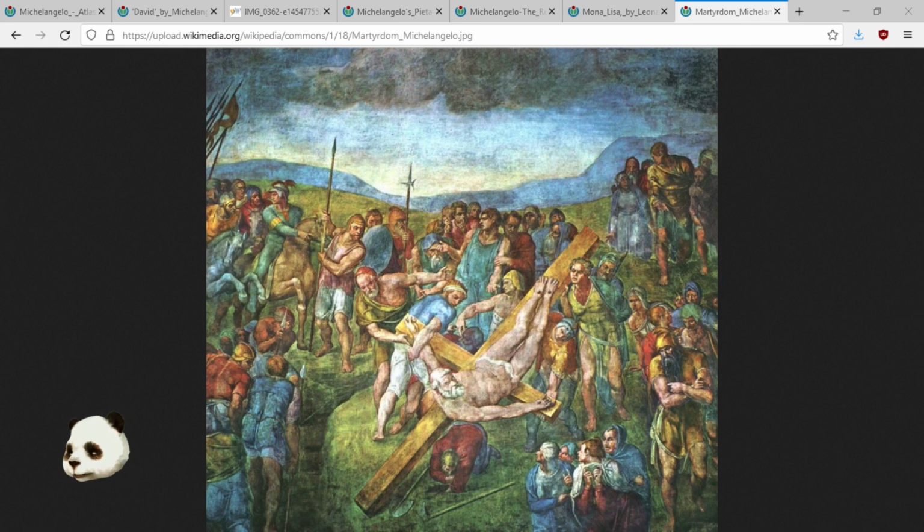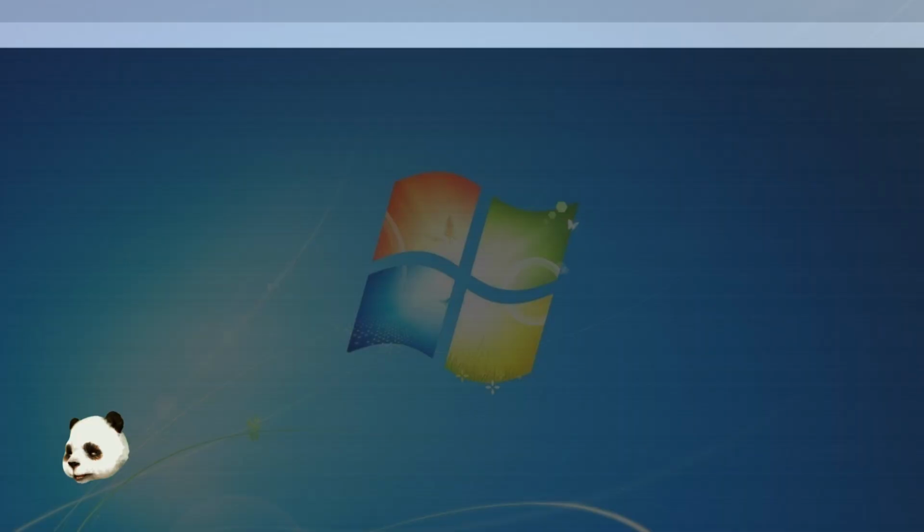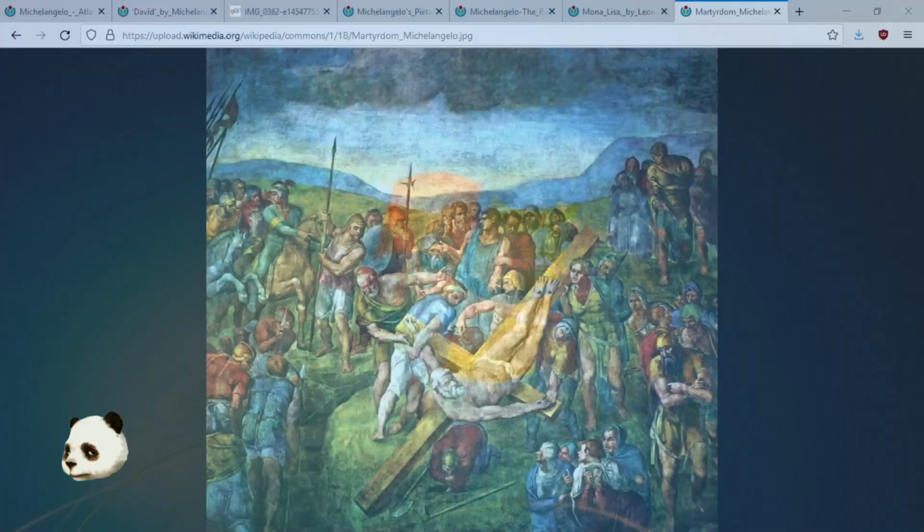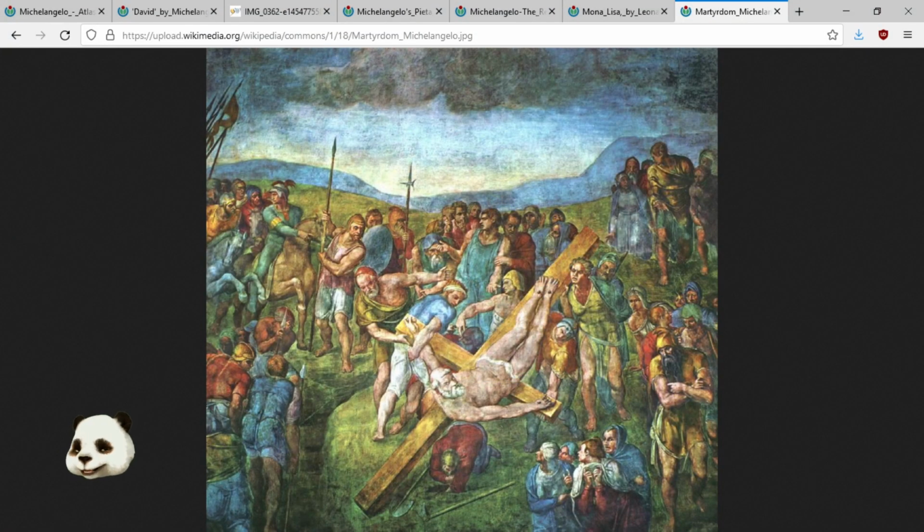Let me just scroll a little bit through his work. I might remember. I think it was... not this one. So it was on the Sistine Chapel. Damn it. Well. Okay.